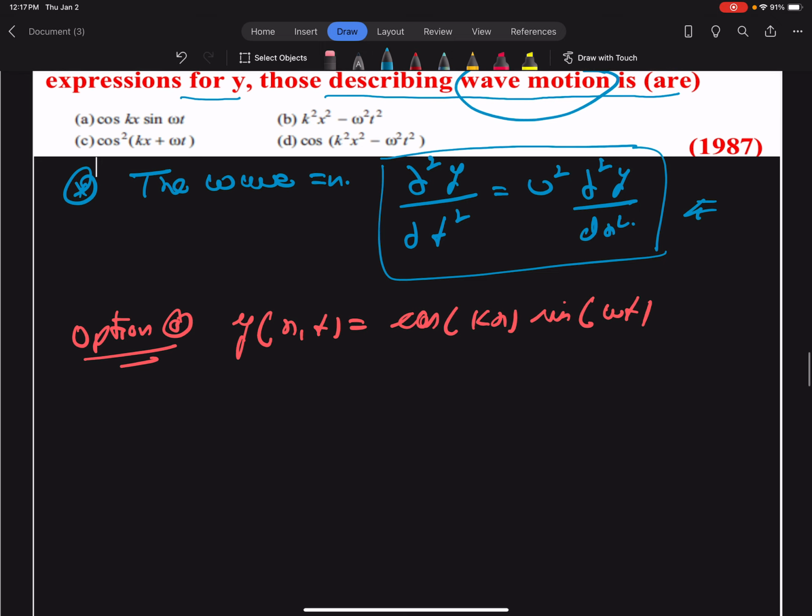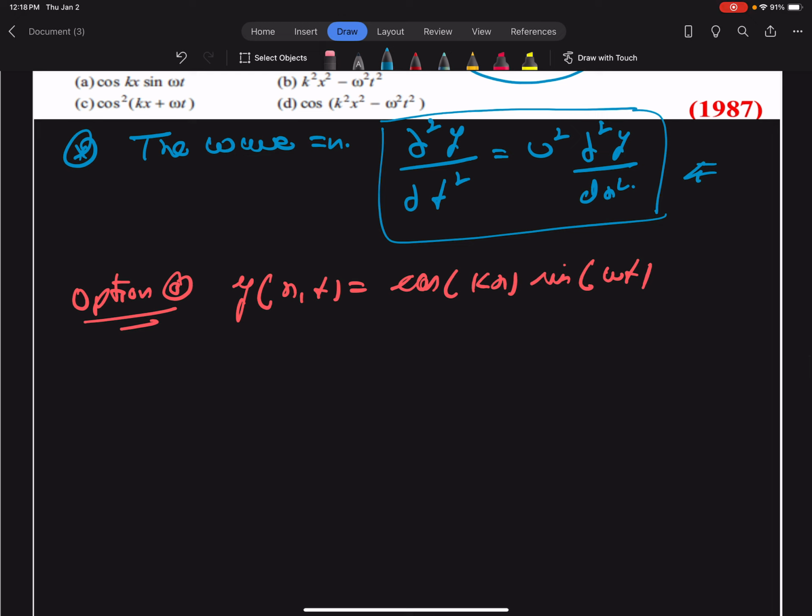So let us find out the first part, that is the double derivative of y with respect to time.